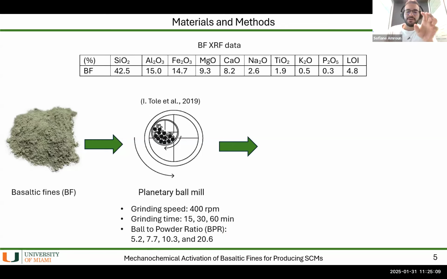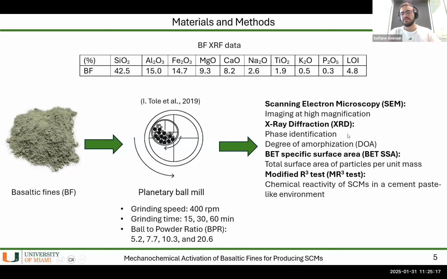After activation at these different parameters, I get different materials with each combination. On all these materials, before and after activation, I've done SEM, which is scanning electron microscopy, X-ray diffraction to look at the phases and the degree of amorphization, the BET specific surface area to have an idea about how fine these particles are, and also the porosity of these materials.